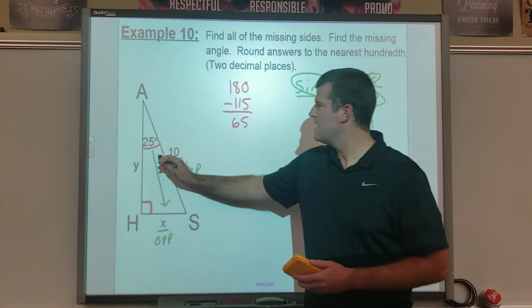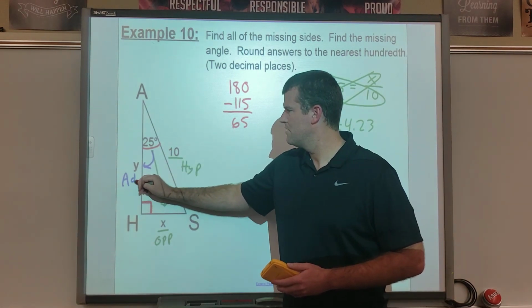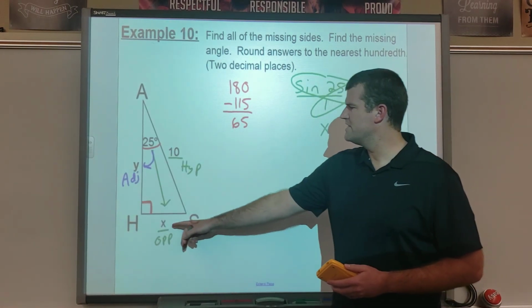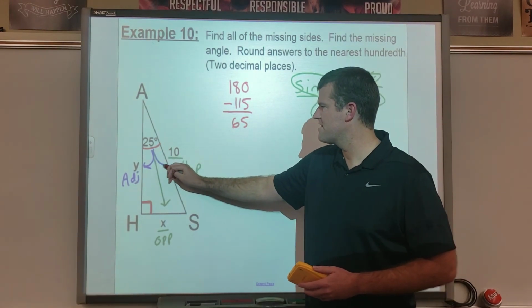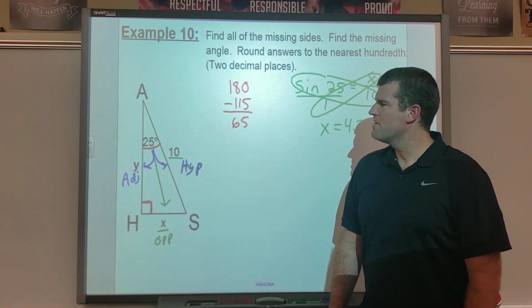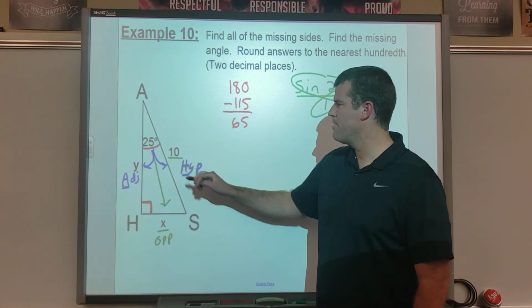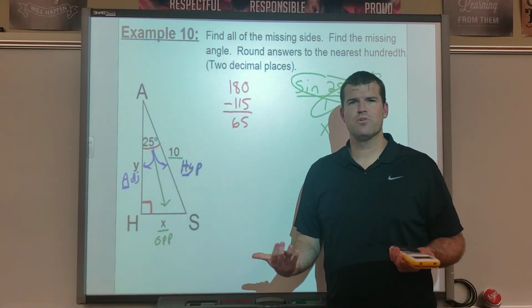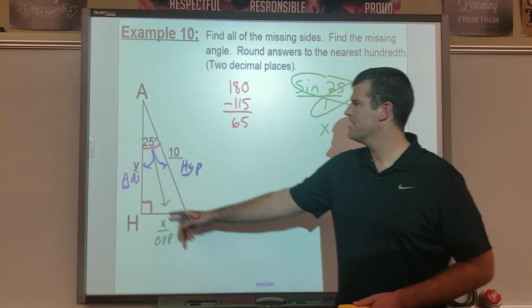And I'm going to go ahead and label that as the adjacent. And since this was a decimal, I'm just going to go ahead and use 10 because 10 was already here, right? And I already knew that this side was the hypotenuse. So if I'm trying to find the adjacent and I have the hypotenuse, which trig function will I use? Absolutely, we'll use cosine, right?